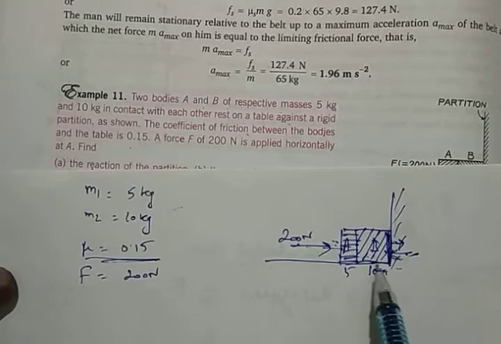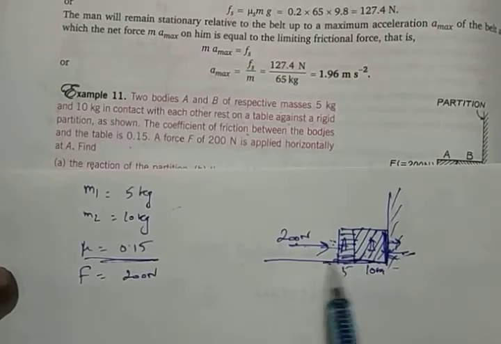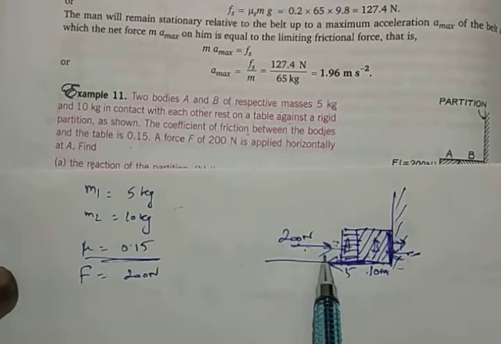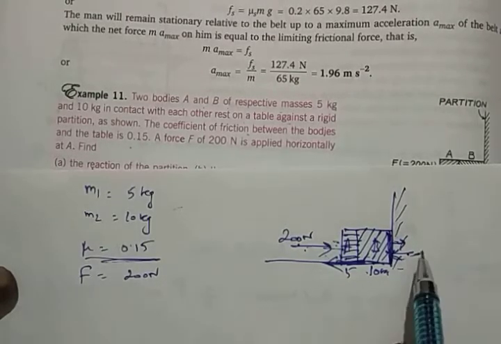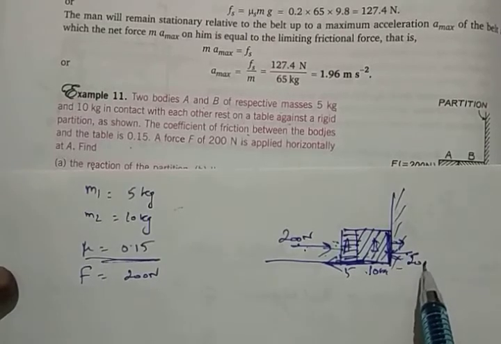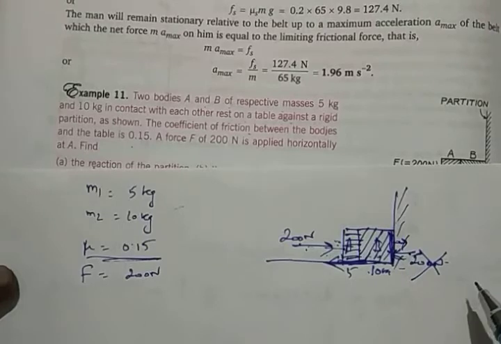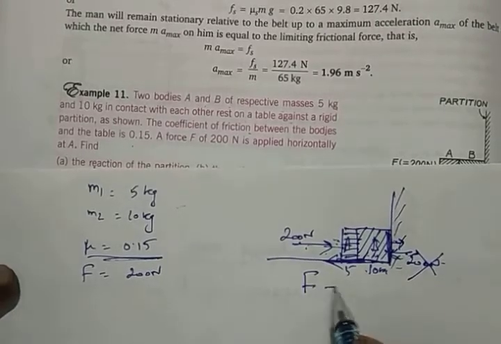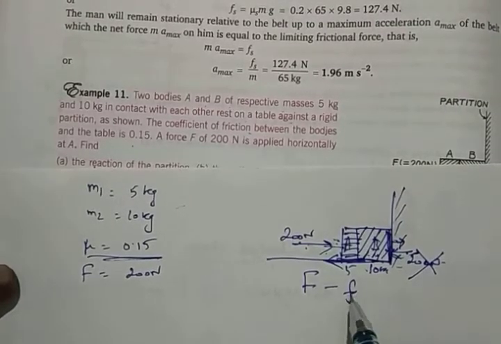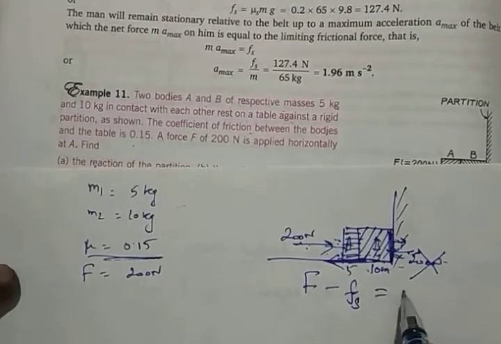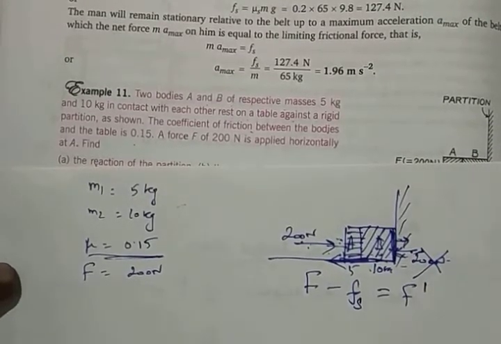It cannot be, because frictional opposition will immediately start whenever you give the force, even though the body is not moving. You need to subtract the frictional force. So it is not 200 newtons. It will definitely be capital F minus small f. The frictional force should be there. Then only that will be the final force which will be going.